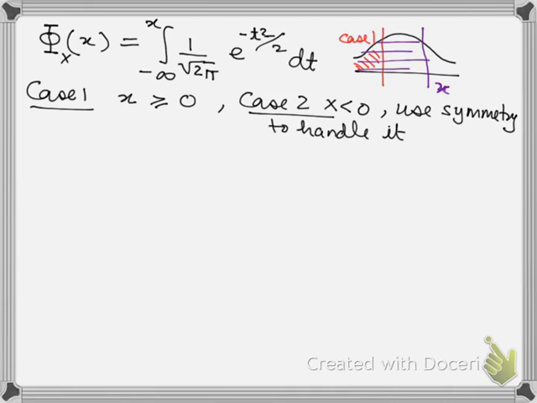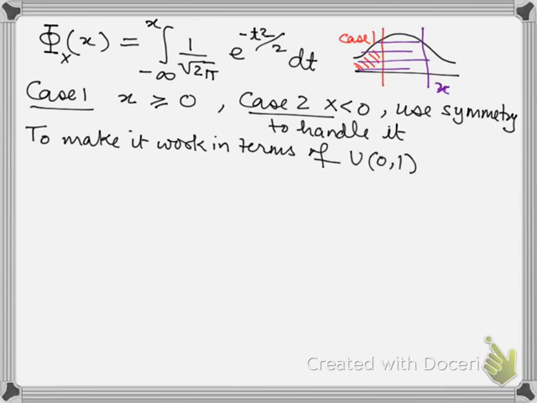Now we have to make it work in terms of uniform 0, 1. To make it work in terms of uniform 0, 1, we have to use the change of variable technique.